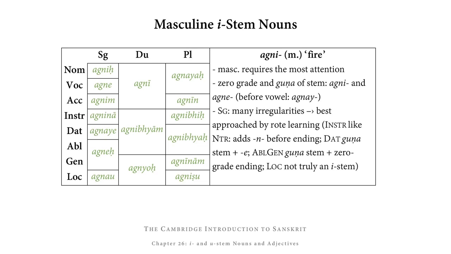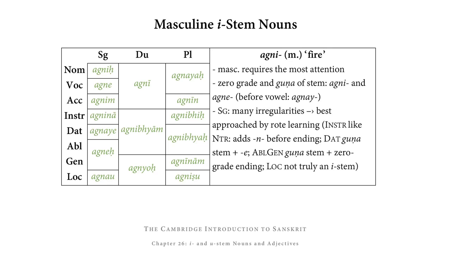The singular of masculine short I-stem nouns has many irregularities, and therefore it is best approached just by rote learning. So let's look at the forms one by one. In the nominative and accusative singular, we get agniḥ and agnim. This basically is parallel to what we find in masculine short A-stem nouns such as naraḥ. There we get naraḥ and naram.